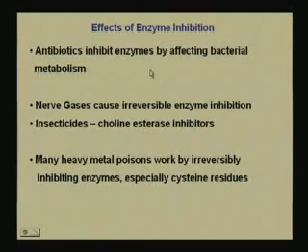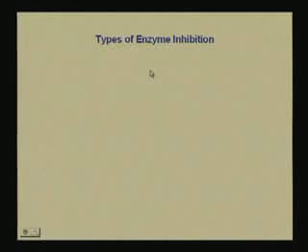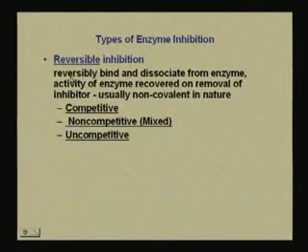Okay. So, how do we study enzyme inhibition, or what are the different types of enzyme inhibition? Actually, there are two different types. We have reversible inhibition. Okay? Now, reversible inhibition can be of three types. What are these? In reversible inhibition, as the name implies, the inhibitor can bind and dissociate from the enzyme.